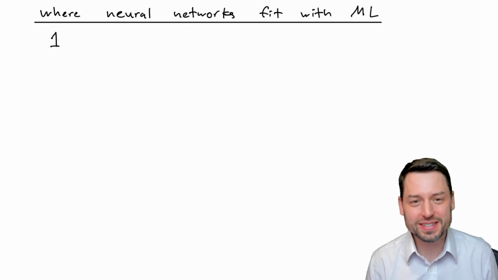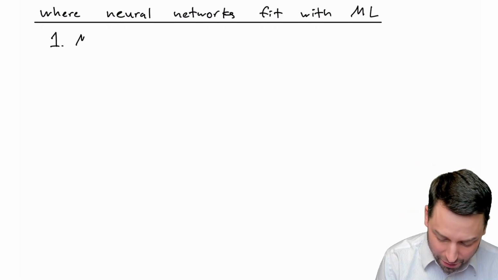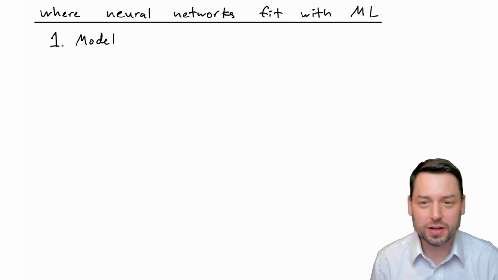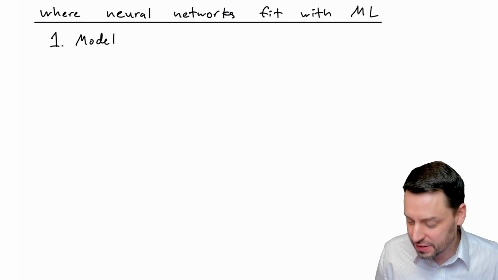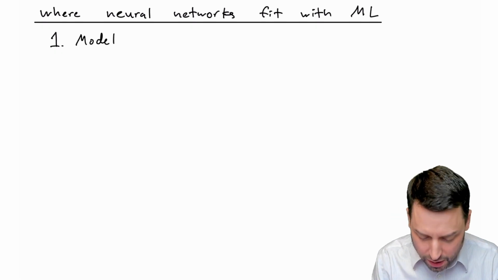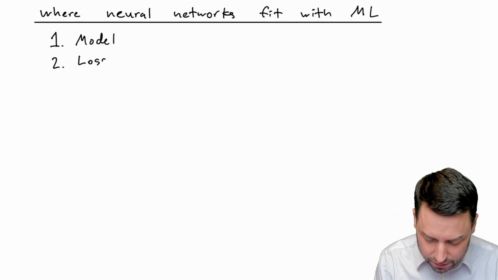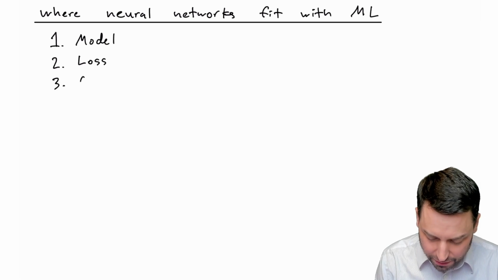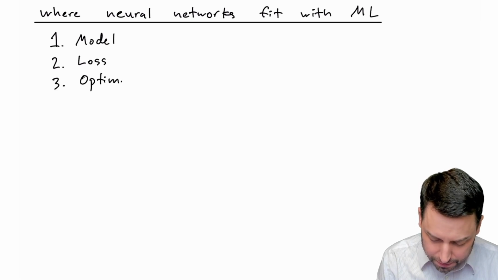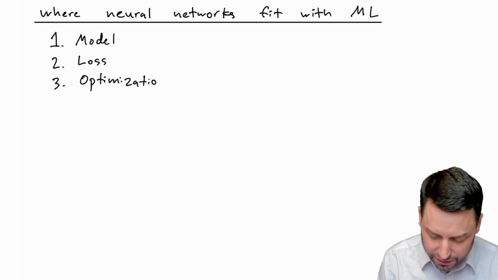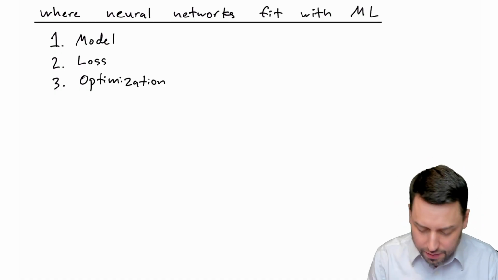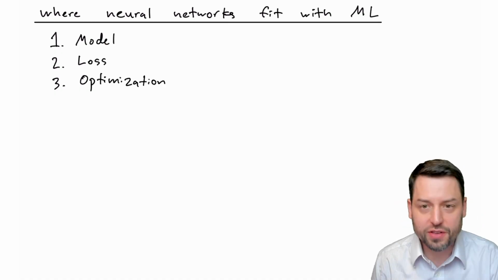Now, remember our three components of machine learning models, or really machine learning algorithms as a whole. We have our model, we have our loss function, and we have our optimizer, or the optimization procedure. I'll start with the second two, actually.